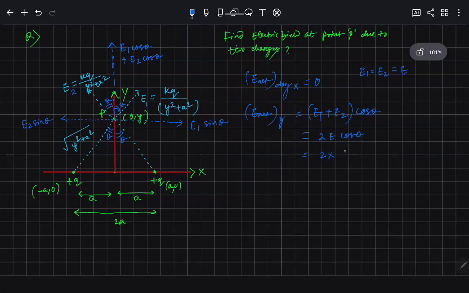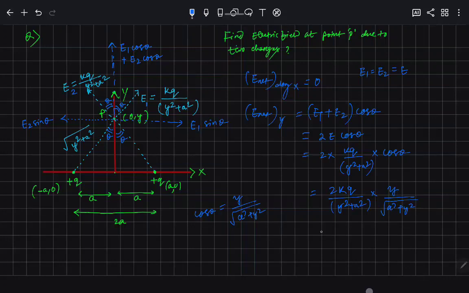So 2 into E will be kq divided by y square plus a square, into cos theta. Cos theta can be written as y divided by the square root of a square plus y square. Put everything here and you get 2kqy divided by (y square plus a square) to the power 3/2.